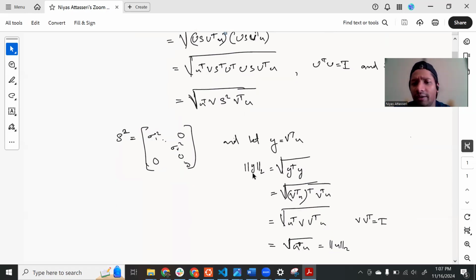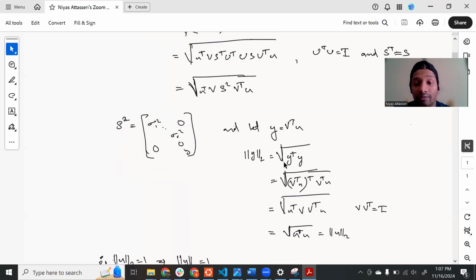Then to find the two norm of y, we can do the root of y transpose y. When we do that, it becomes (V transpose u) whole transpose times V transpose u. When you take the transpose, the order changes and the transpose is taken of each individual thing. So it becomes u transpose V V transpose u.